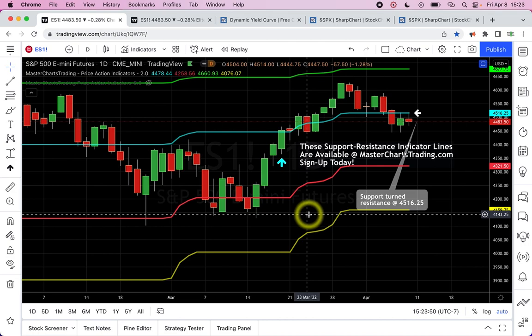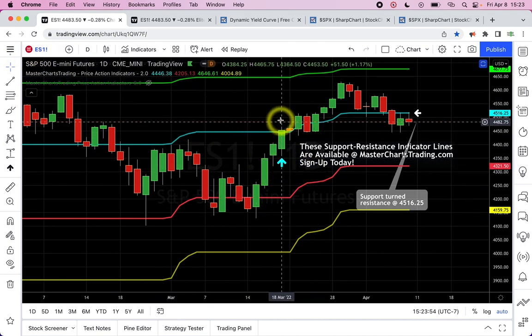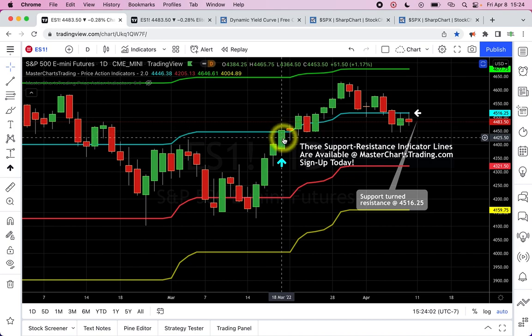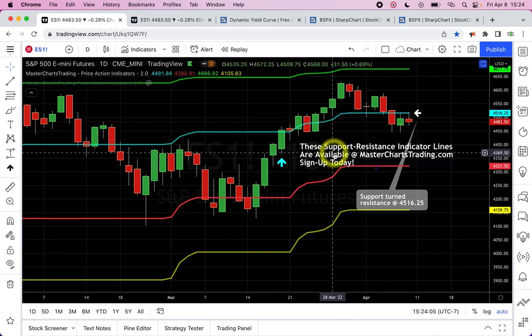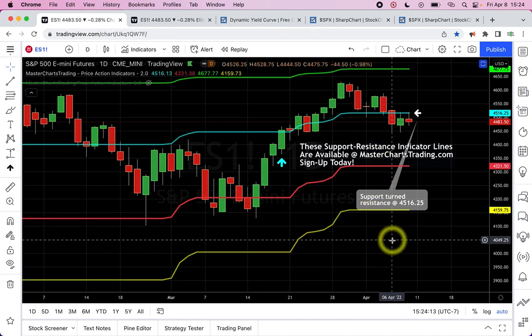Overall, technically speaking, this is S&P 500, and we did close above this blue support resistance line, and to me this means it's a bullish market. So we're still technically in a bull market. You can find out more about these lines by going to my website. You can find the description on the website in the comments below.